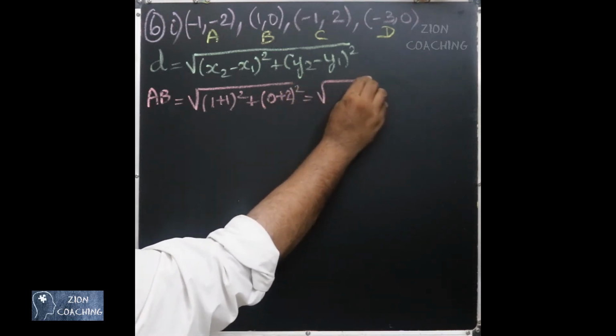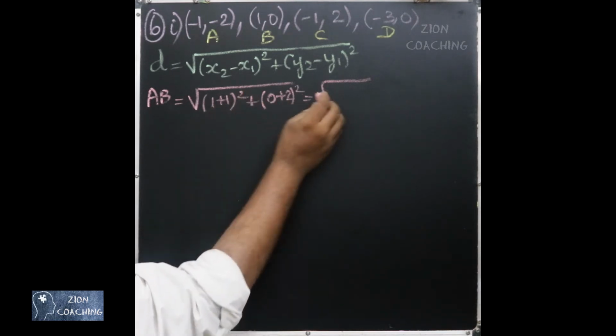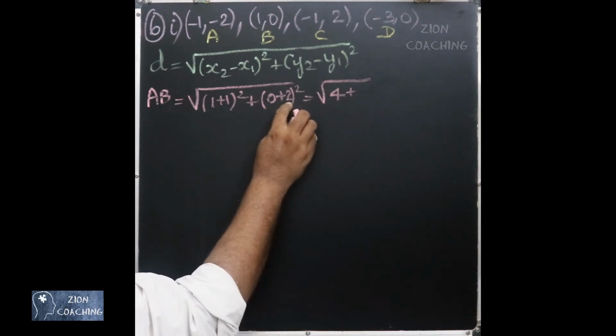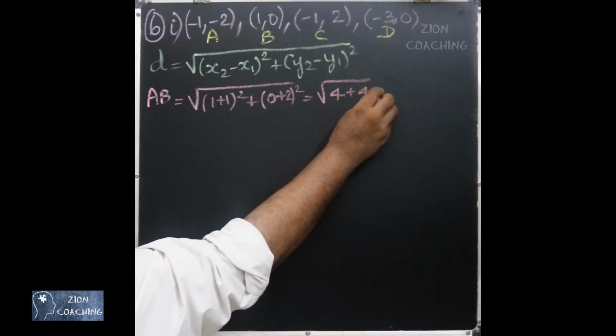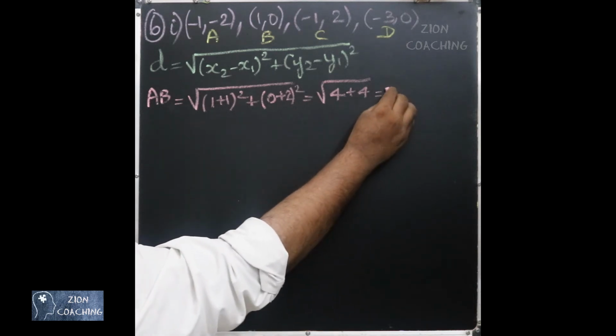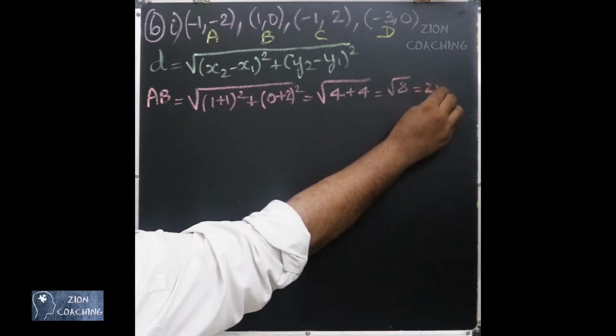So we have (1 plus 1) the whole square, 1 plus 1 is 2, 2 squared is 4, plus 0 plus 2 is 2, 2 squared is 4. This can be written as root 8, which is root of 4 into 2, that is 2 root 2 units.